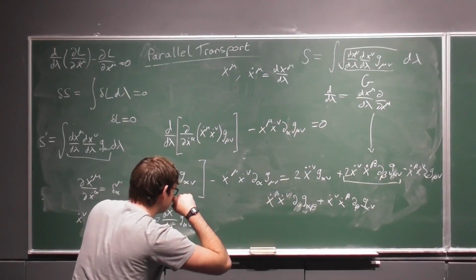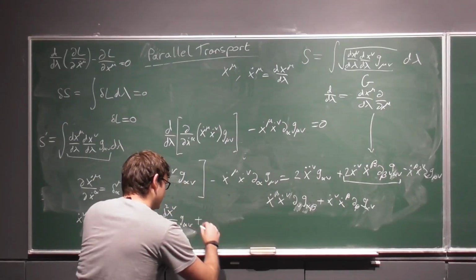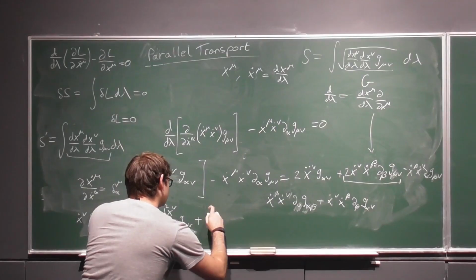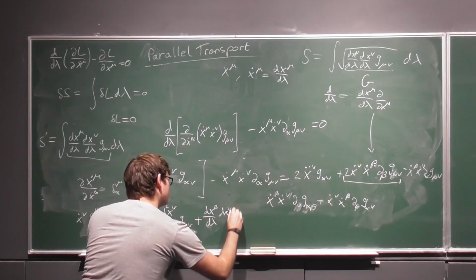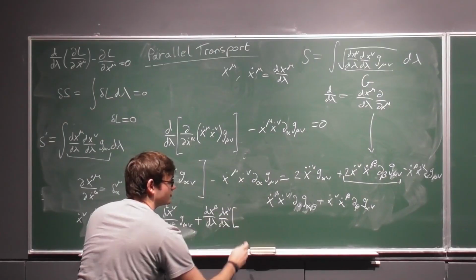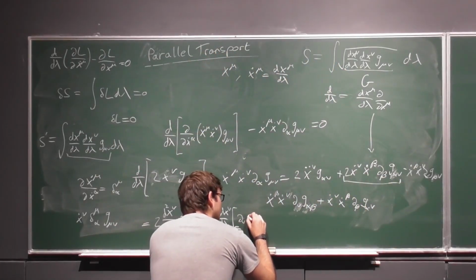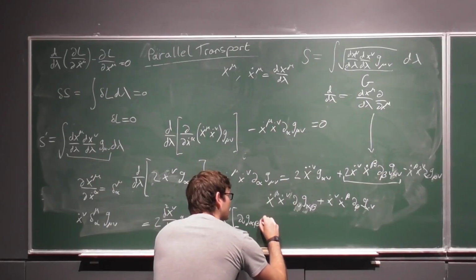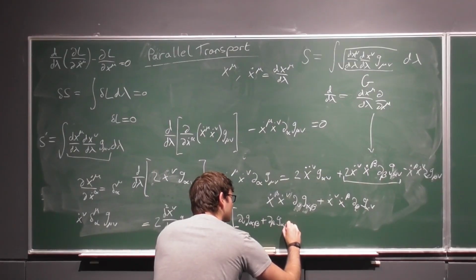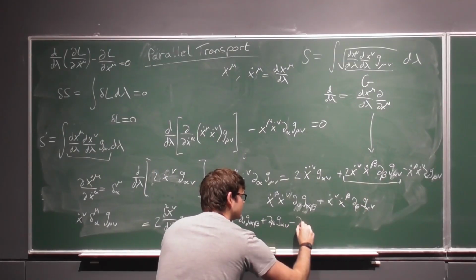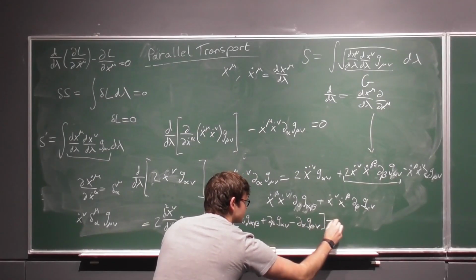The betas and the nus are all the same, so I can pull them outside. dx beta over d lambda, dx nu over d lambda, and then we have 3 terms: this term, this term, and this term. So we have d nu g alpha beta plus d beta g alpha nu minus d alpha g beta nu. And that's all equal to 0.